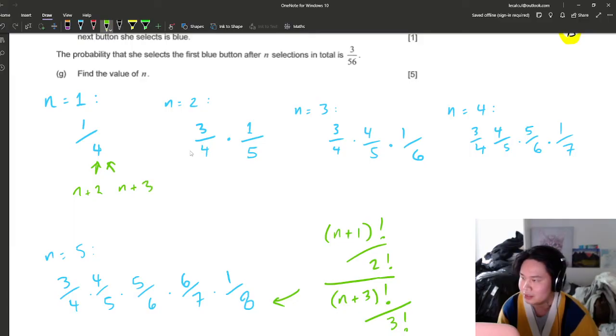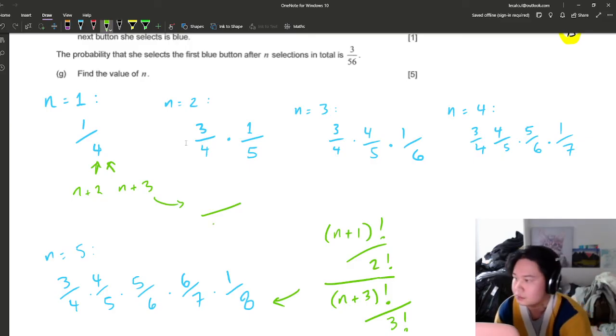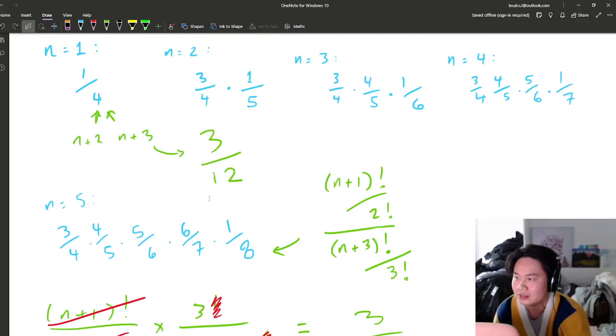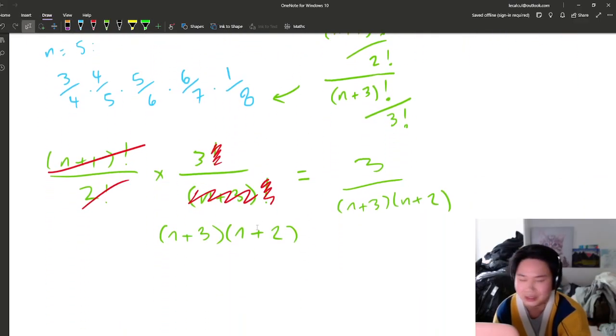In other words, this should have been 3 times 4, which is 12. Oh, yeah, there's always just a 3 on top. It's just that 3 over 12 reduces to 1 over 4. Oh, okay. We could have done it the first way too.